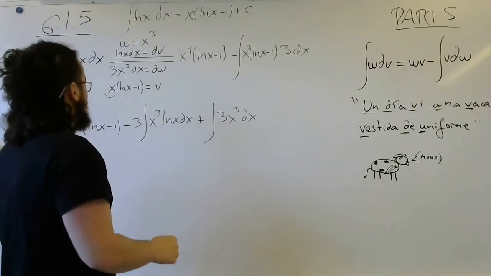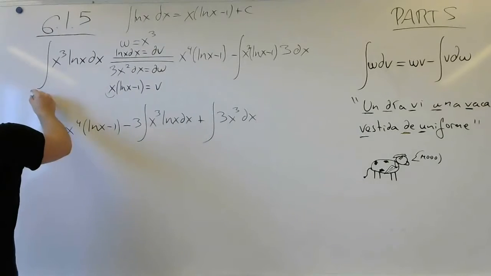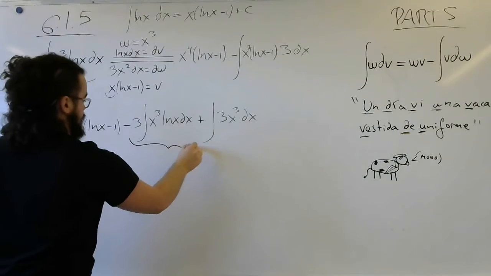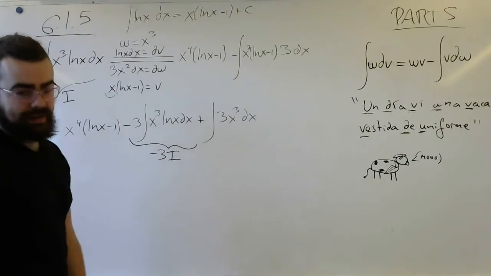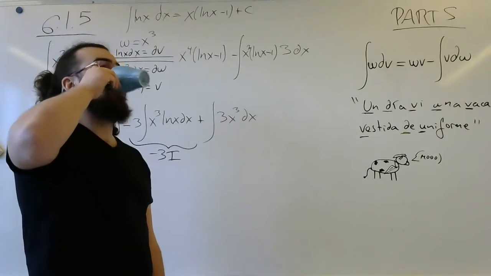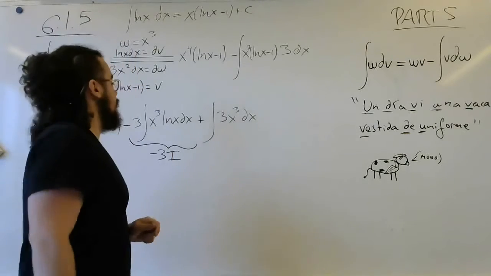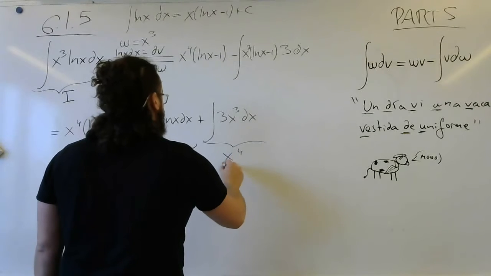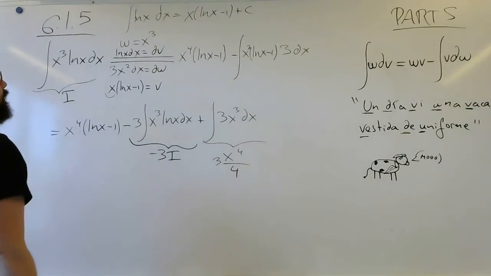Now, intricacies, small details. If you call this thing I, this thing here is minus 3I. Am I right? Absolutely. Okay, thank you, boys. This is that thing over there.